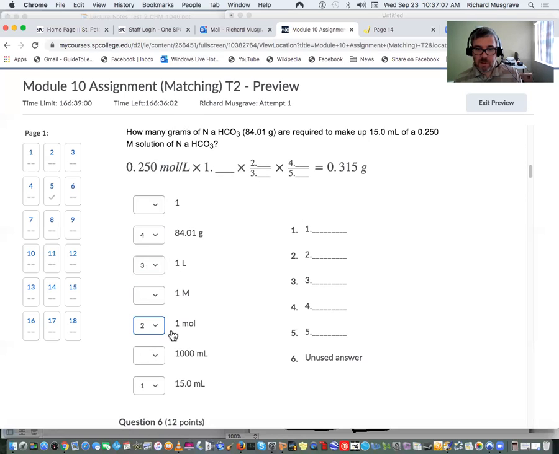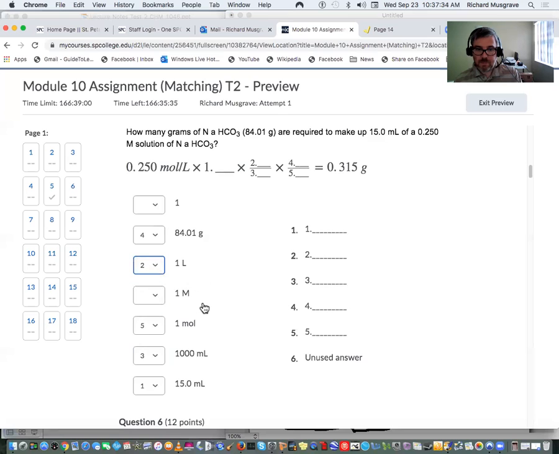So it's 1 liter, 1,000 mils. It goes on the bottom here. Sorry about that. And the moles will go on the bottom here. So 5 would be 1 mole. And where did I put my 2? My 2 is 1 liter.